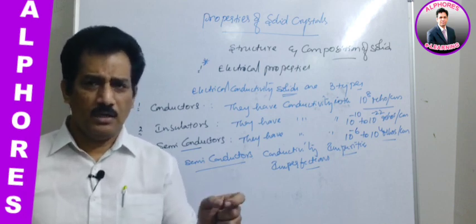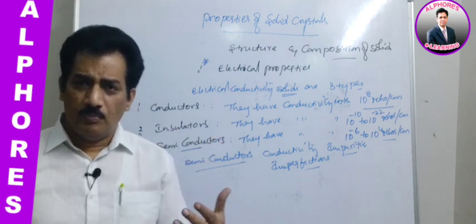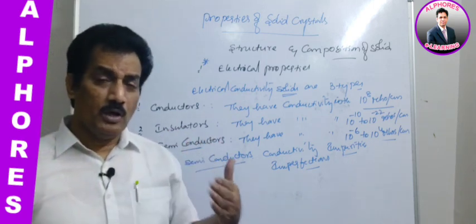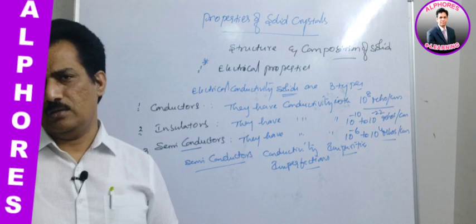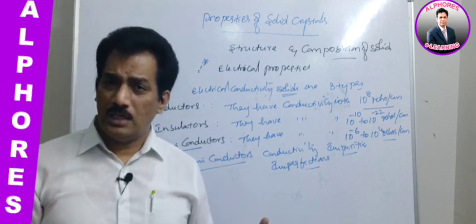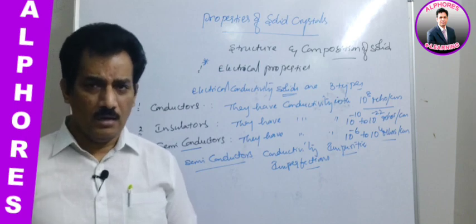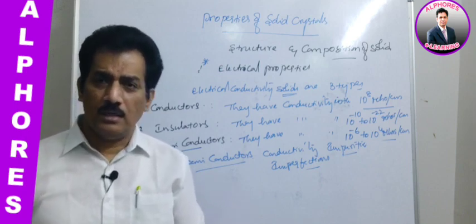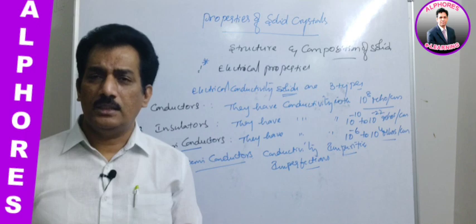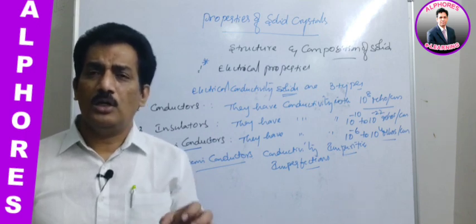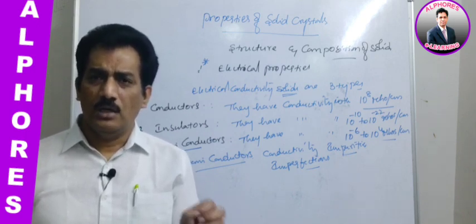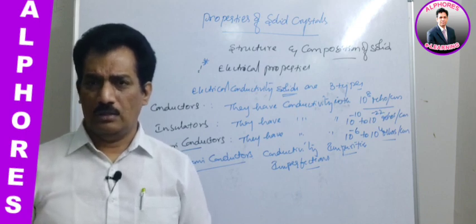That means n-type happens because of excess electron concentration, and p-type semiconductor happens because of excess holes. Already you know. Clear? And these excess electrons or excess holes are present only because of doping. Doping is nothing but addition of impurity to the crystal, is it not?